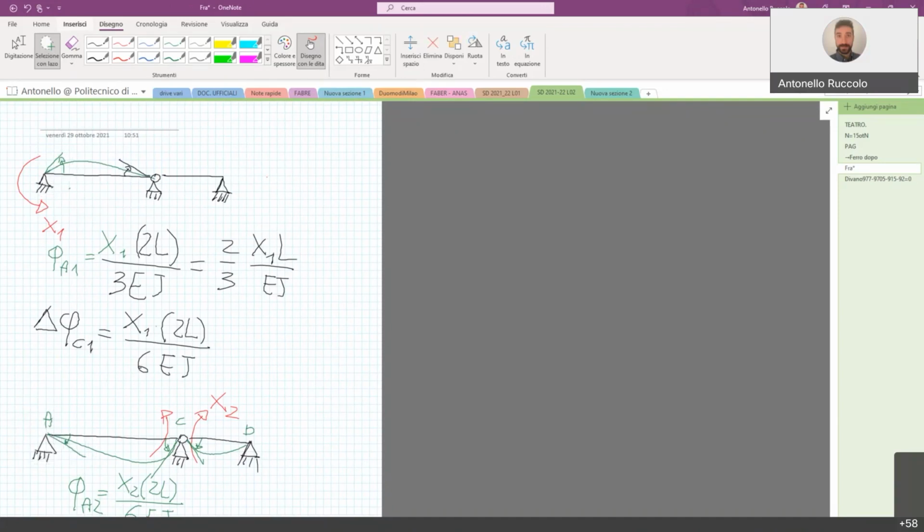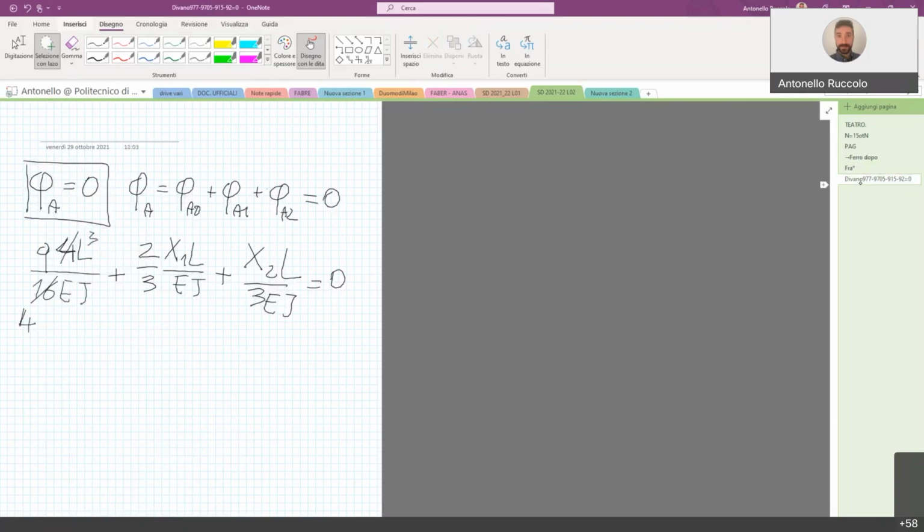So this is not plus, plus, plus, but I will draw it with the minus in red, minus, and this is minus.